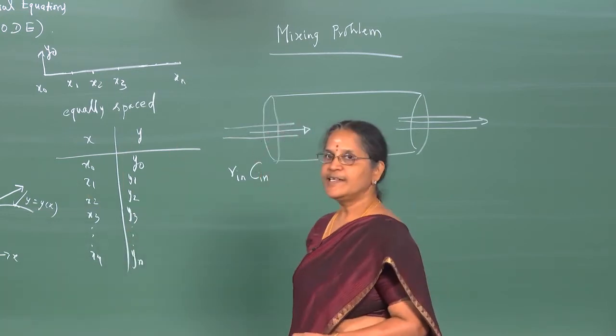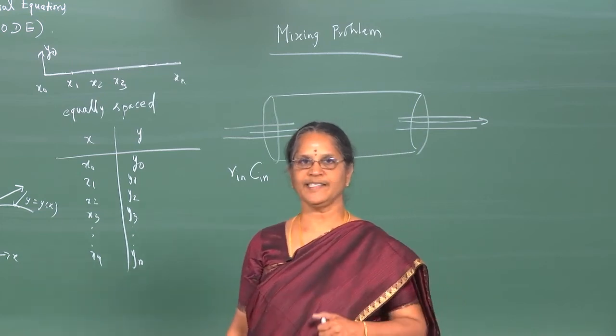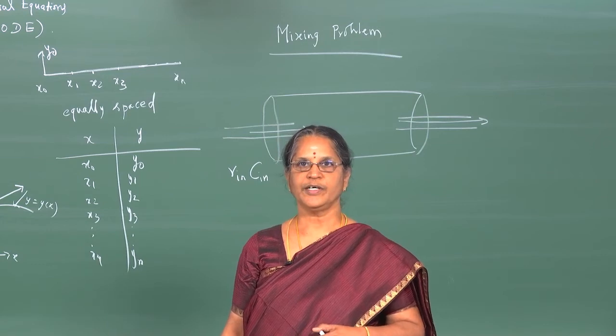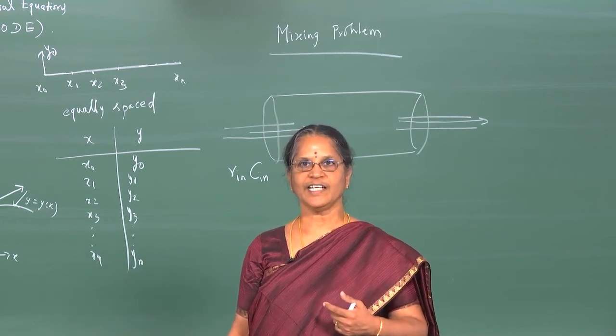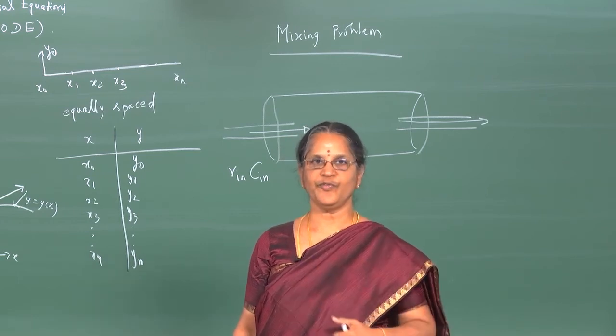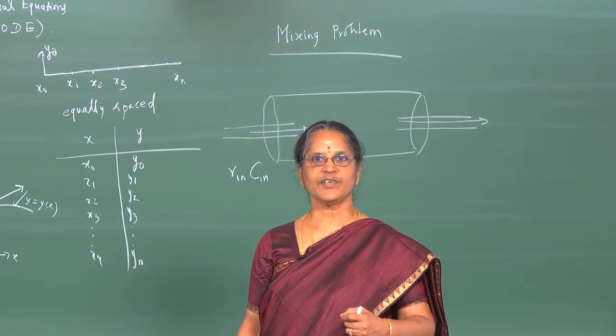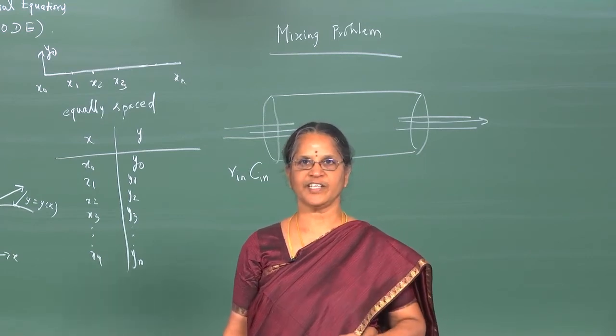So, it is going to be C in into R in minus C out into R out. We use the fact that m of t is C of t into V, R out is R in, and C out is denoted by C of t.